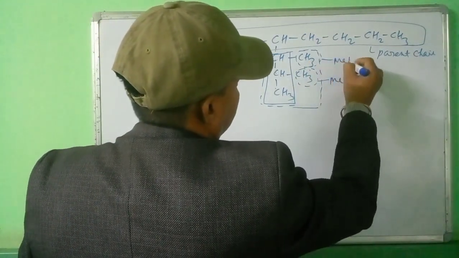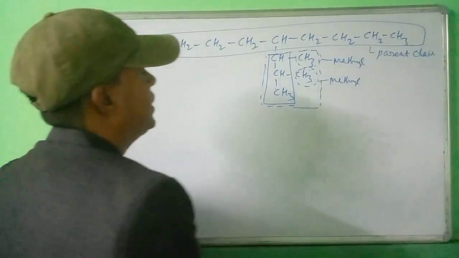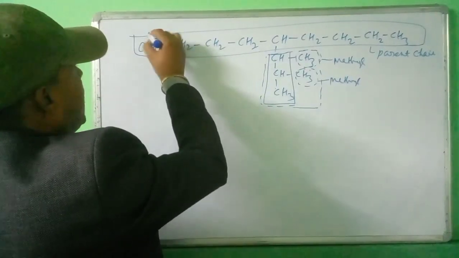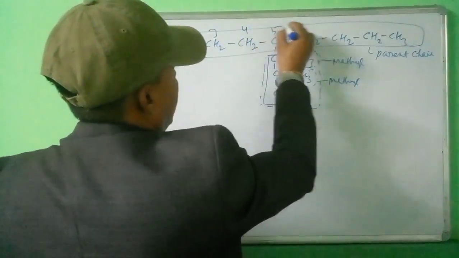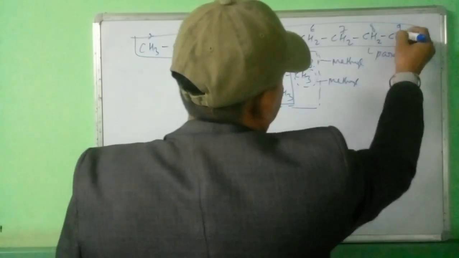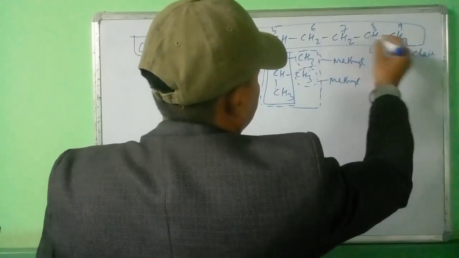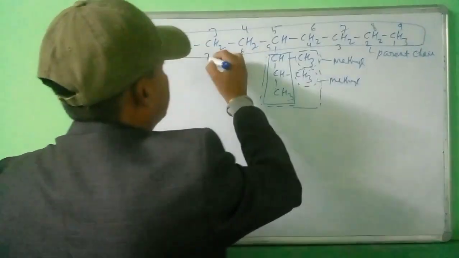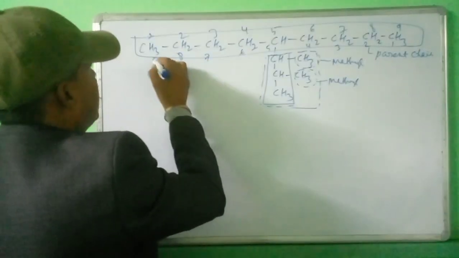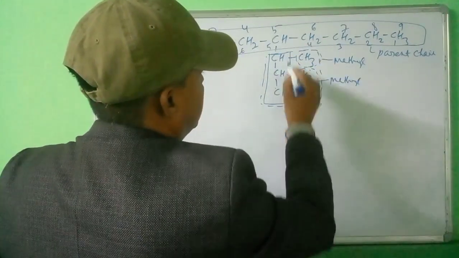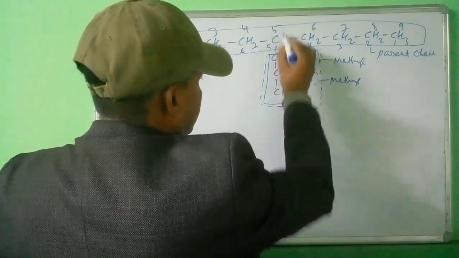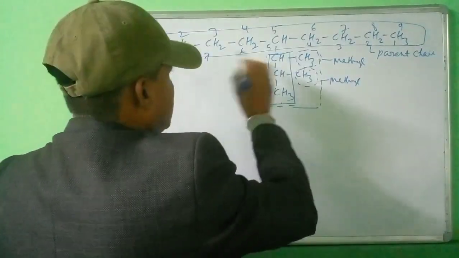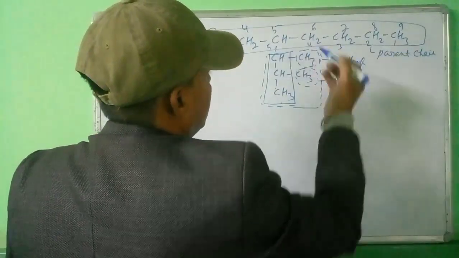Here also methyl, 2 methyl. Now numbering the carbon atoms: 1, 2, 3, 4, 5, 6, 7, 8, 9, left to right, and again right to left, 1 to 9. So the position of this alkyl group is the same, so either left to right or right to left is the same.